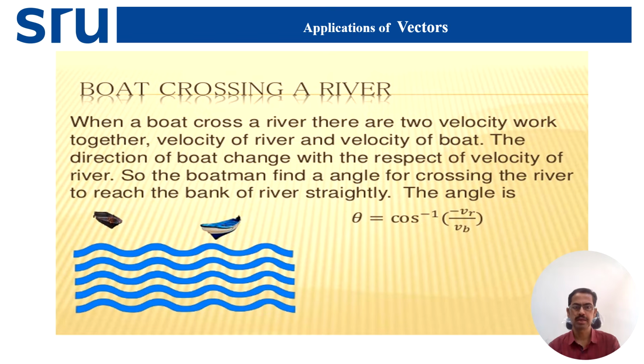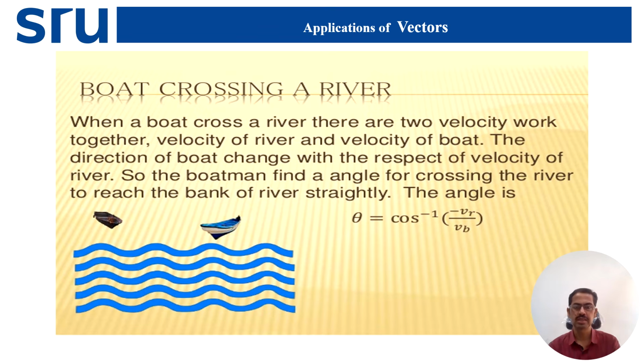So the boatman must find an angle for crossing the river to reach the opposite bank straight. From one bank to another bank, he must reach straight. He must know the angle and how much speed he maintains, and how much the speed of the river counts.